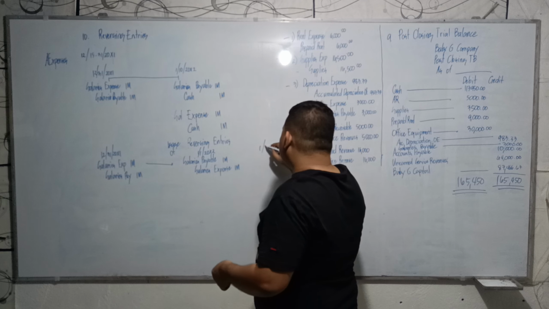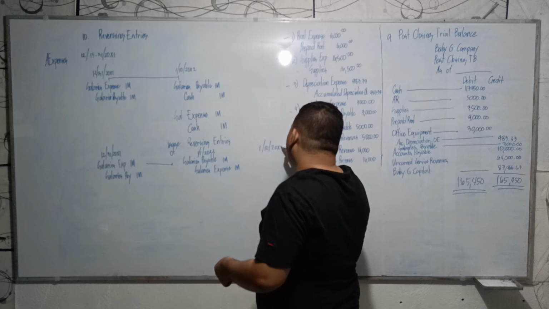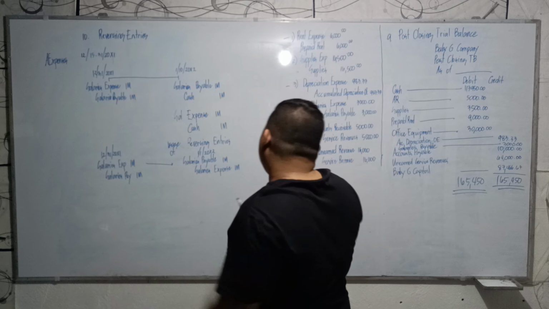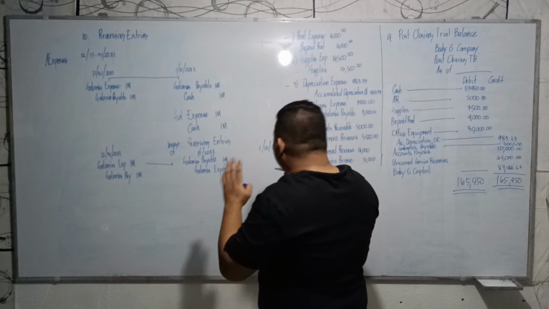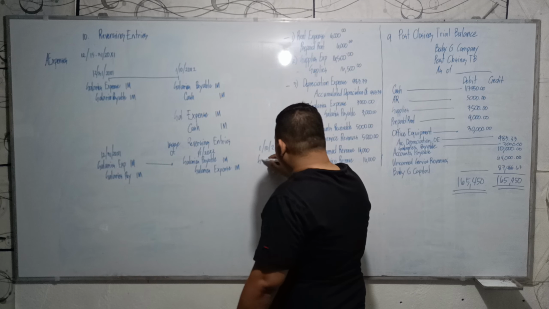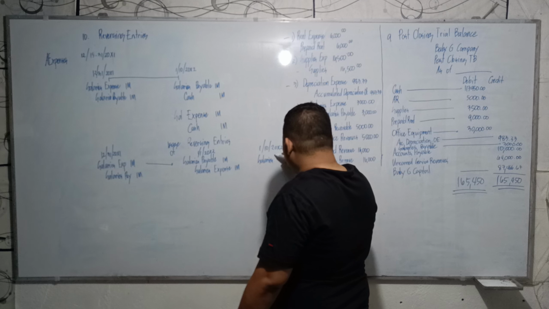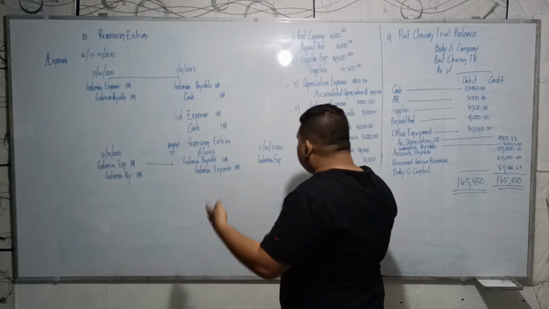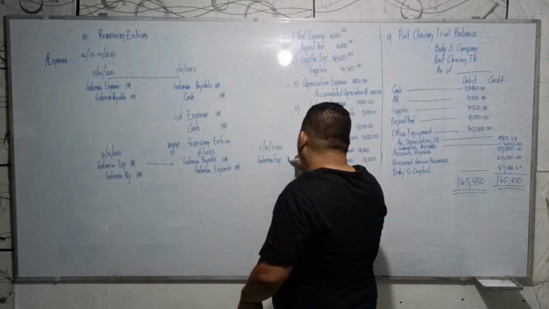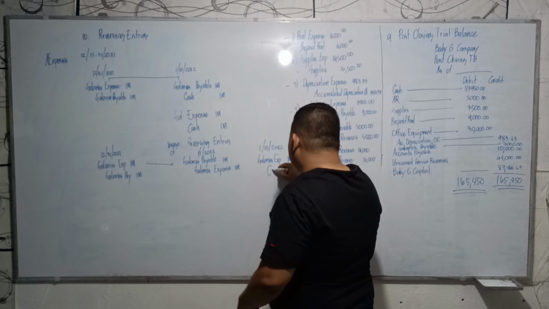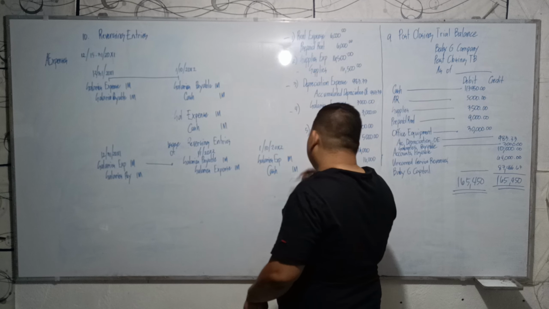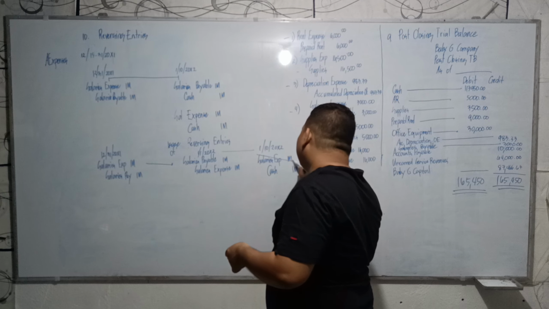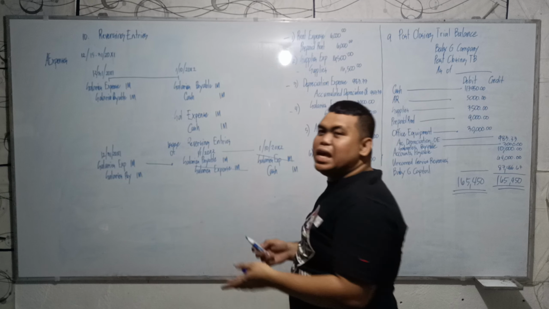On January 10, even if you have not memorized those things that you have accrued at the end of last year, and that you are going to pay 1 million salaries, even if you record the normal entry that you make whenever you pay some salaries, salaries expense 1 million, and then cash 1 million, the salaries expense that you have recorded on 1/10 has been offset because of the reversing entry.